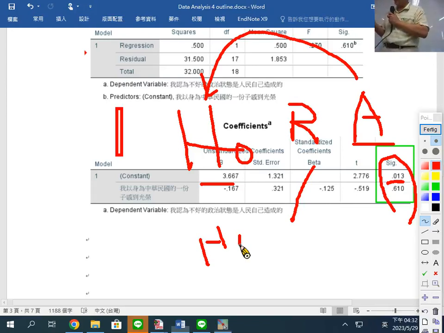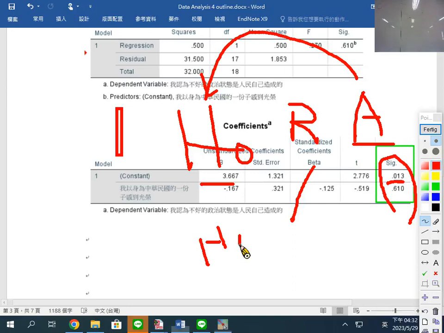We look at the p-value. If the p-value is greater than 5%, then we accept the null hypothesis, right? Because the null hypothesis and alternate hypothesis are logically exhaustive. What does that mean? It means in this scenario between two variables, there are only two possibilities.